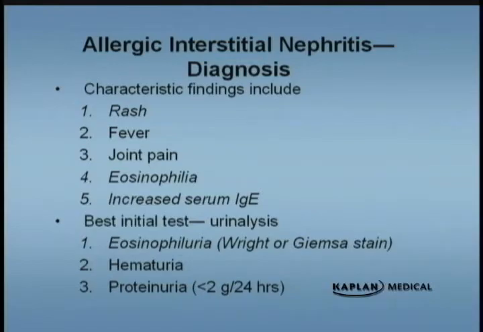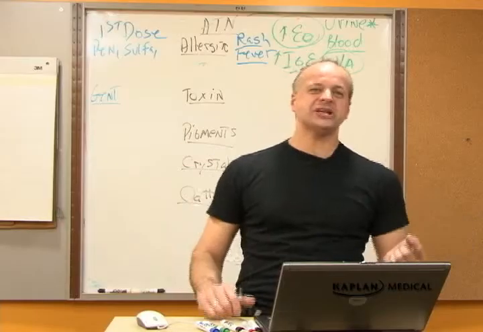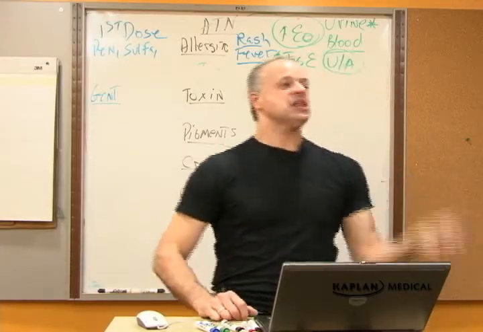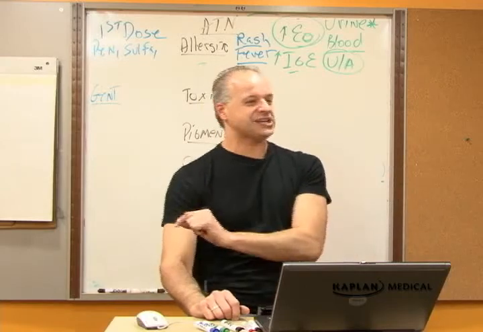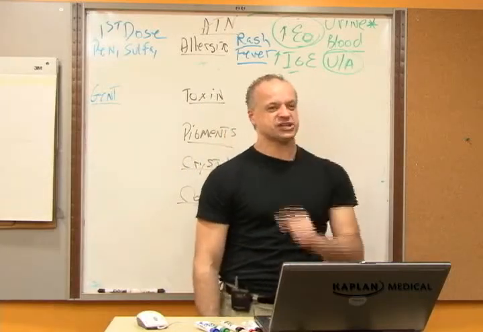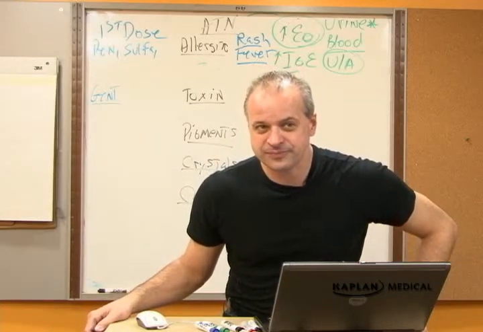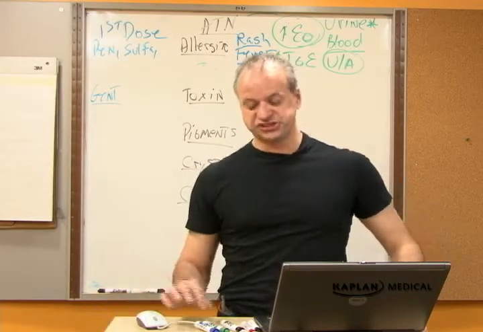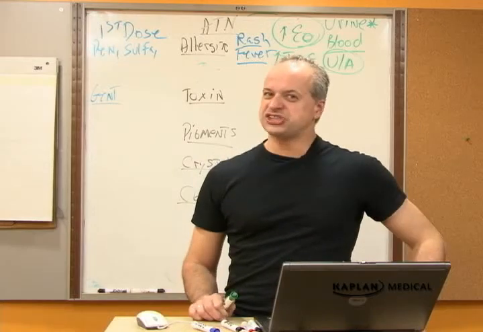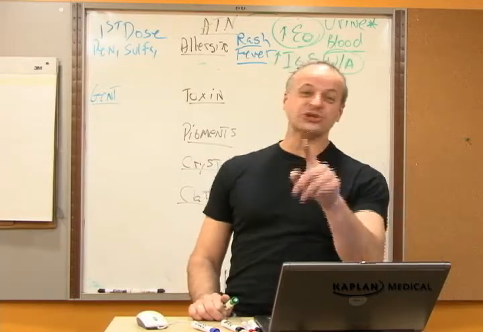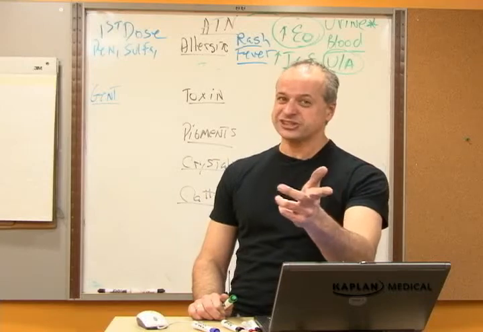For extra bonus points for the brand new car and the dream home in Westchester, New York, what is the single most accurate test for eosinophils in the urine? It's a specific test called Hansel's test. Oh, no. Don't you look at me in that tone of voice. Yeah, Hansel, like Hansel and Gretel.